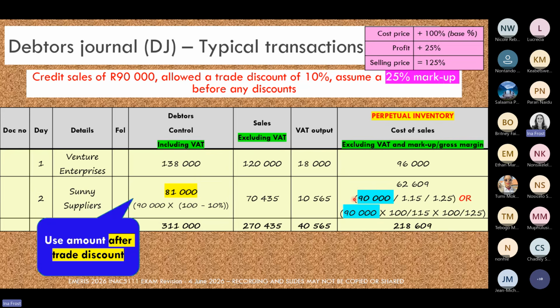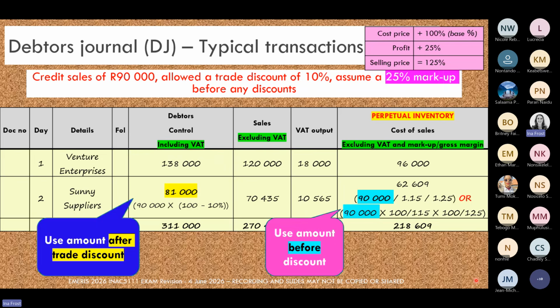You can see here I'm using the 90,000 rands, which is the credit sale before the discount. But over here, in my debtors control column, I'm using the 81,000, which is the amount after the discount. So just make sure you note that. That's quite important when we deal with our debtors.